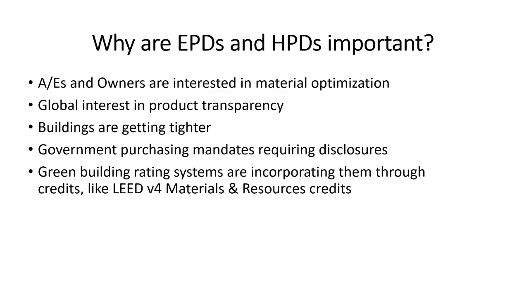Yes, definitely. So one of the first reasons is that architects, engineers, owners are all really interested in material optimization. That's really driven through global interest in product transparency. And a lot of that is really coming from what we're starting to learn and know about human health and chronic diseases, and also the impacts that we're having on our environment.